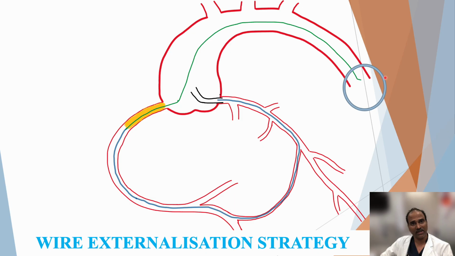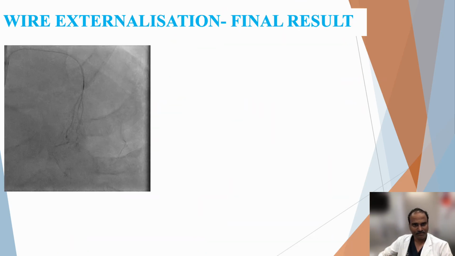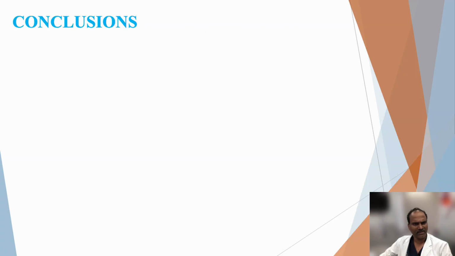You can snare the wire here or here or here. The best is in the descending thoracic aorta, because you don't create any significant embolizations in the descending thoracic aorta. If you do it in the ascending aorta, you can cause an embolization to cerebral vessels. So that's what we did here. We did externalization from the left subclavian and then we finished.